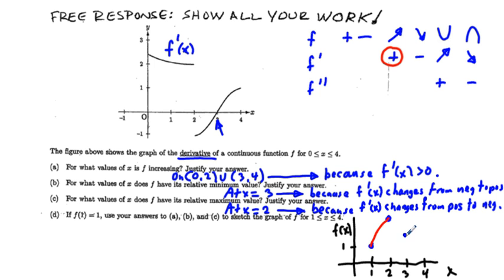Okay, and we are concave up, and now remember this is a relative maximum at x equals 2, which we have. And so now we have something like this, and a relative minimum at x equals 3, and we continue up like this.